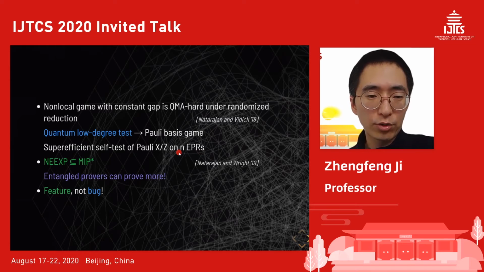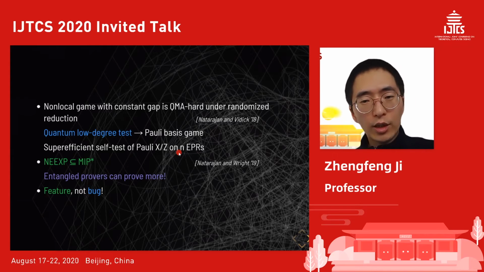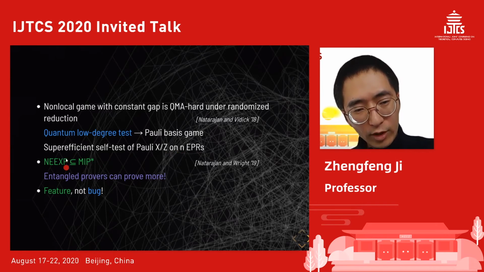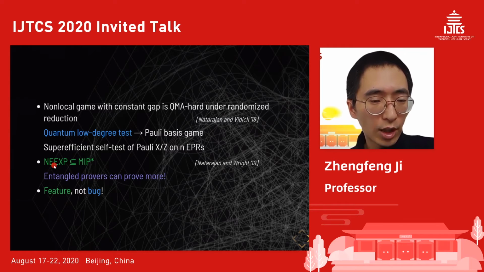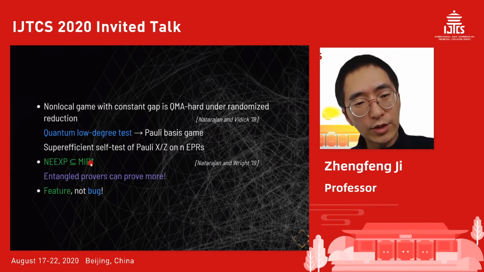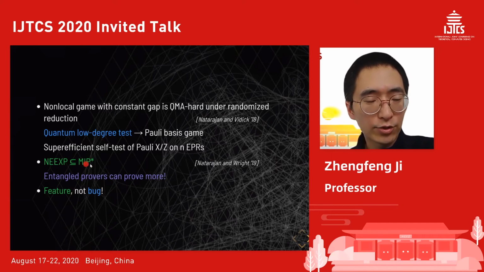The communication is only polylogarithmic. Building upon these techniques and also compression techniques, the trilogy on the right was able to show that double exponential non-deterministic time is in MIP*. And this is the first time that it was shown that MIP* is different from MIP.